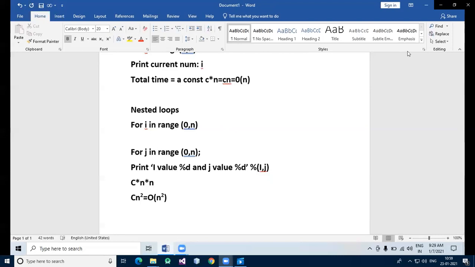So these are the types of nested loops. Then consecutive loops, and the time complexity of each statement.